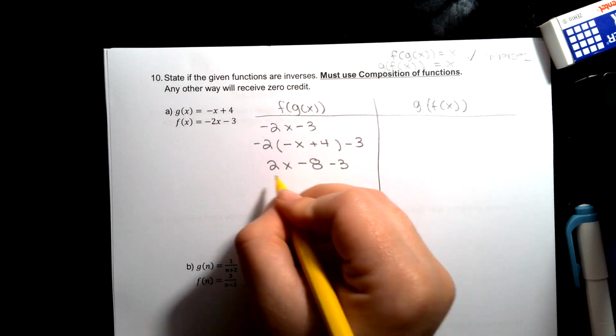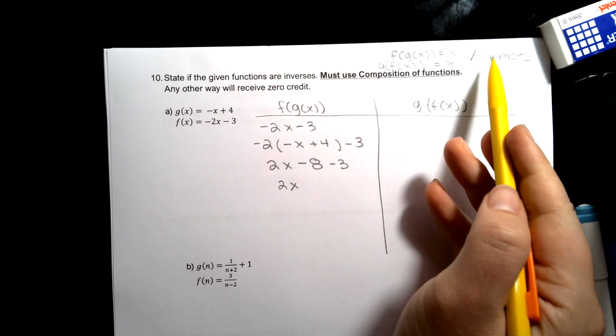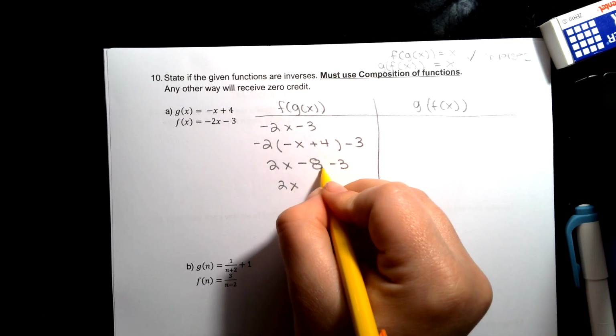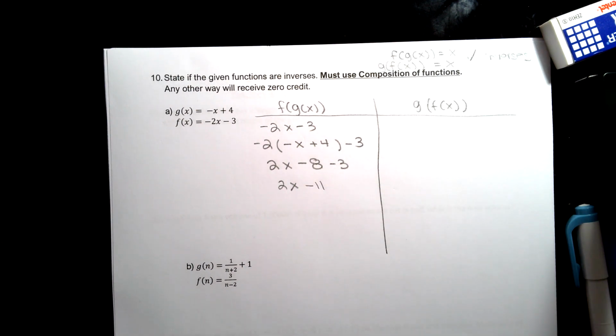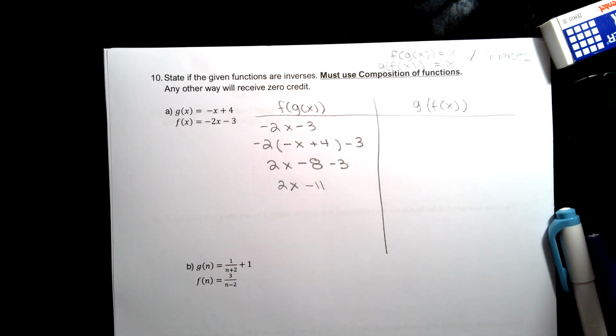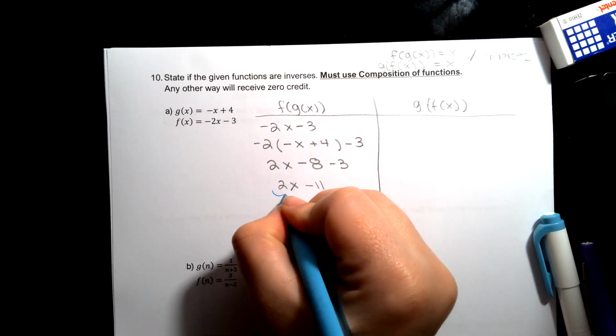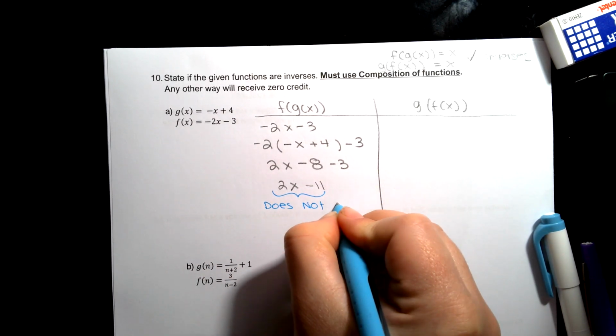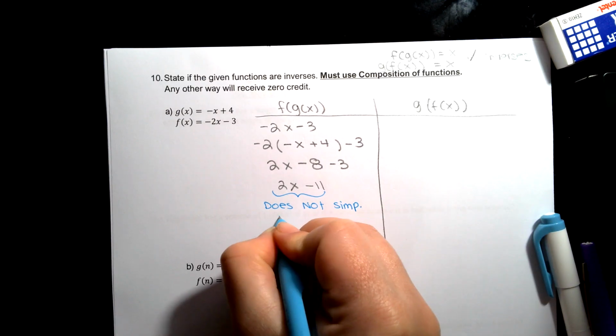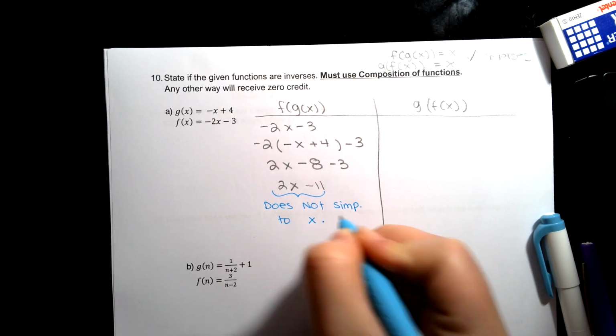And again, my goal is just to simplify here and make sure it simplifies to an x. -8, 3, and I get -11. Does this simplify to x? No. Does not simplify to x.